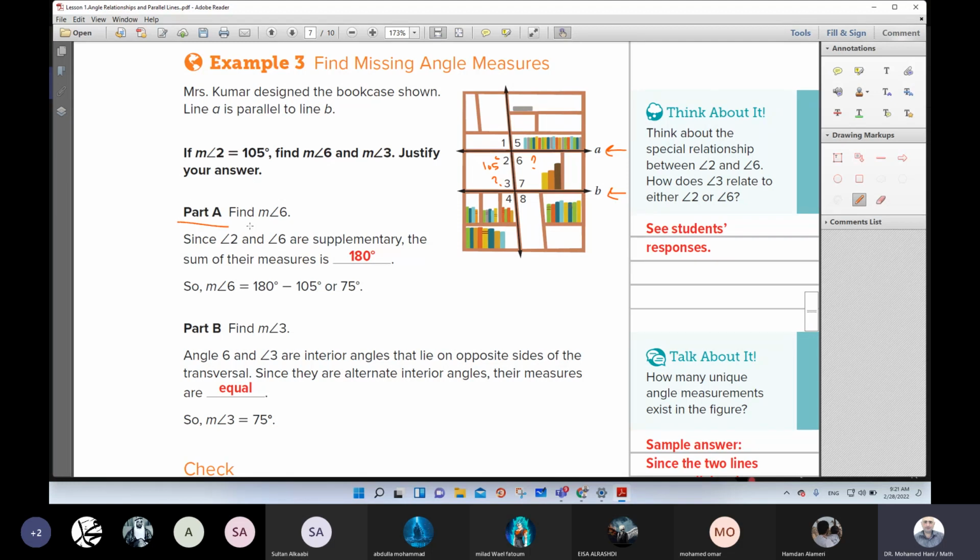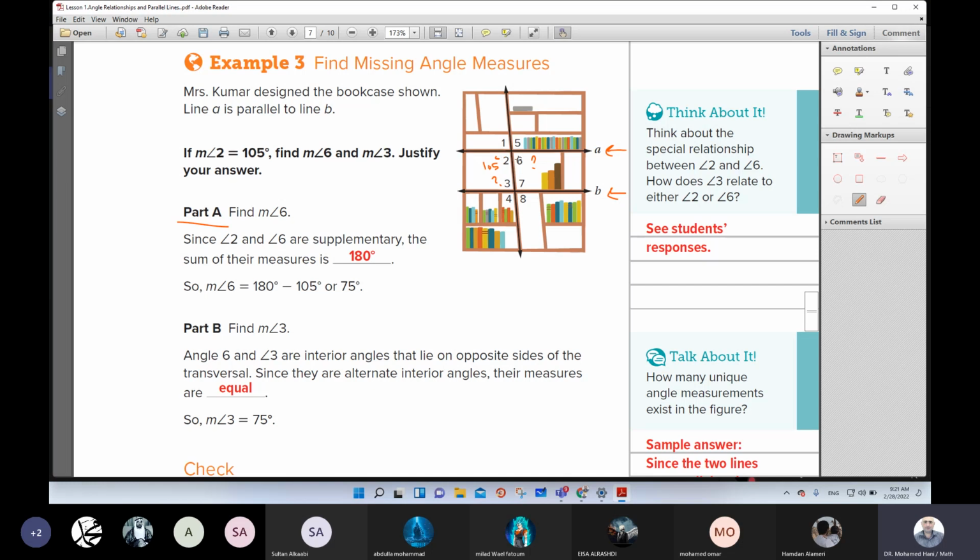The first part, we want to find the measurement of angle 6, this angle. As you see here, angle 2 and angle 6 are supplementary. Why supplementary? Because here we have a straight angle, so the measure of both will be 180.